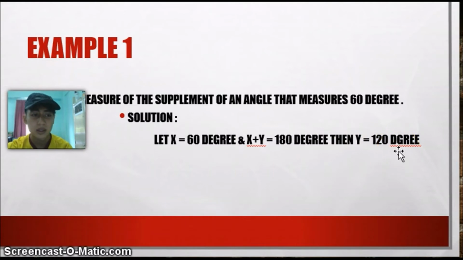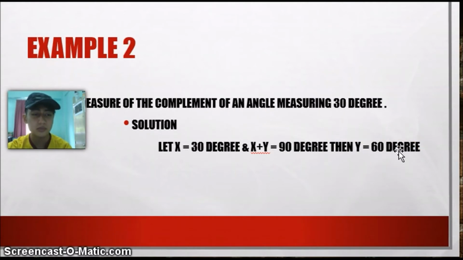Okay, the next example is: find the measure of the complement of an angle measuring 30 degrees. Like the second question, we must know which angle. So the question is about complement angle of an angle measuring 30 degrees. Complement angle says that the sum of the angles is a right angle.